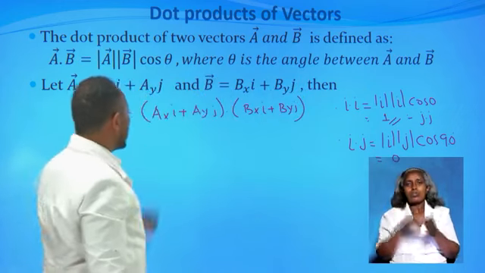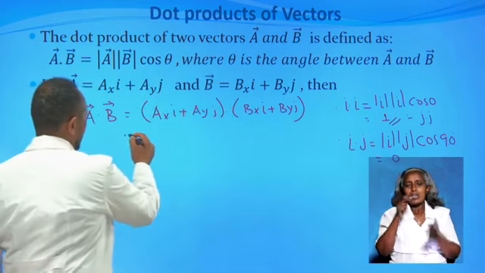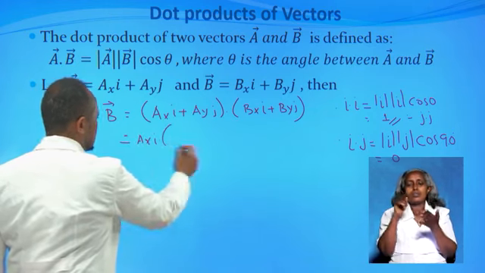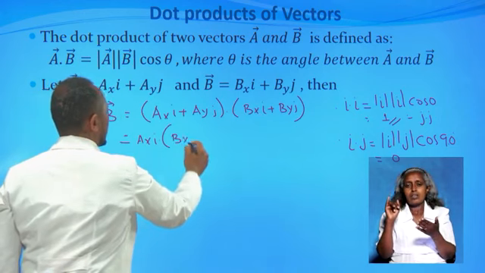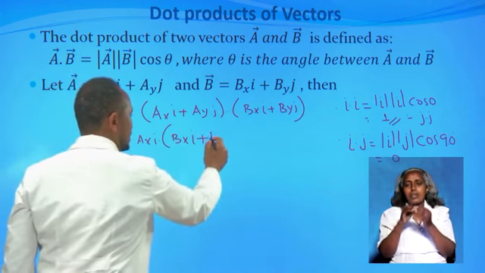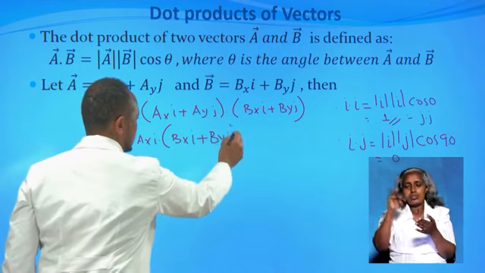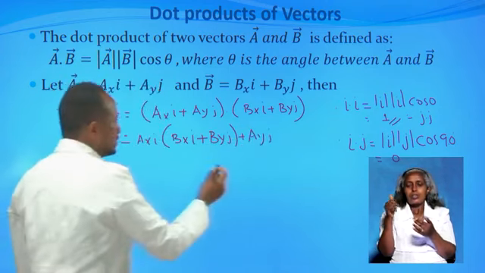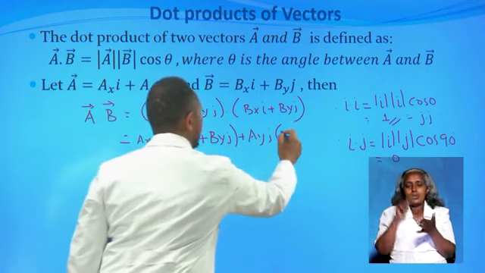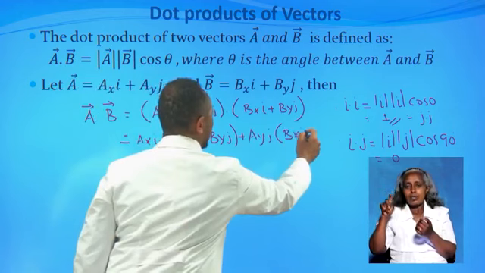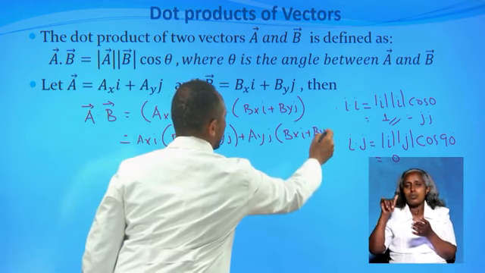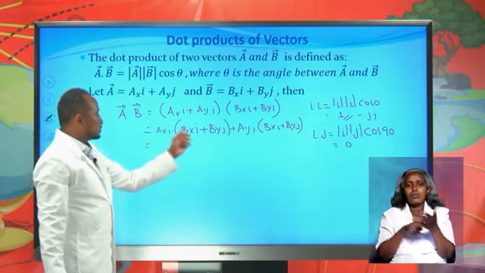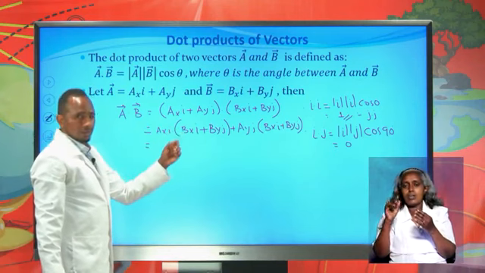So, using this concept, let's find A dot B. A dot B equals AX I dot, distributing over BX I plus BY J, plus AY J dotted with BX I plus BY J. Therefore, the dot product of these two is AX BX times I dot I. I dot I is 1.